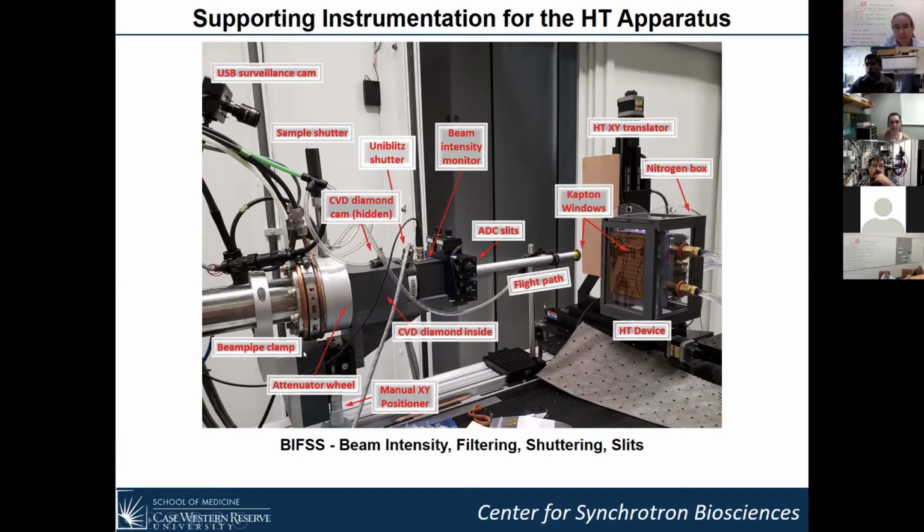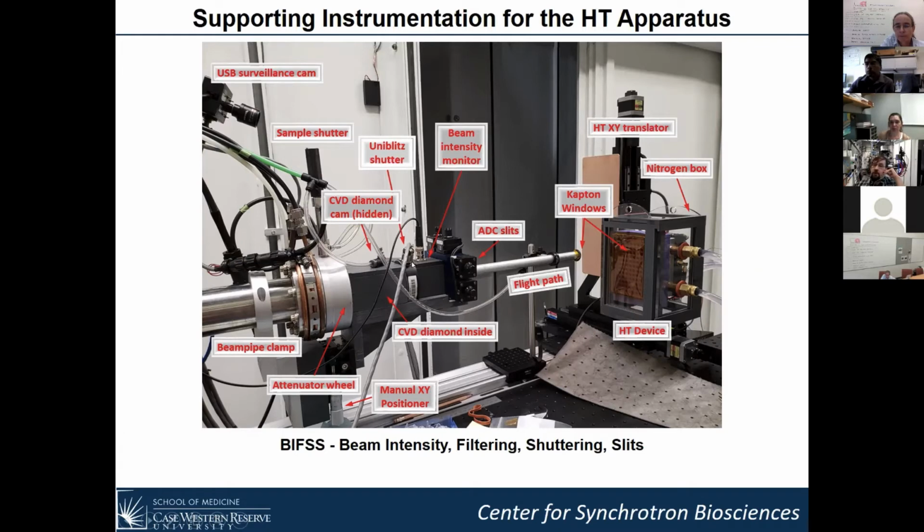From the left side of the screen, we have an automated attenuator wheel that allows us to externally select up to 8 different attenuations without manual intervention. You don't have to go into the hutch. We have a diamond viewer assembly right after that, so we can view the beam as it comes out the exit window.